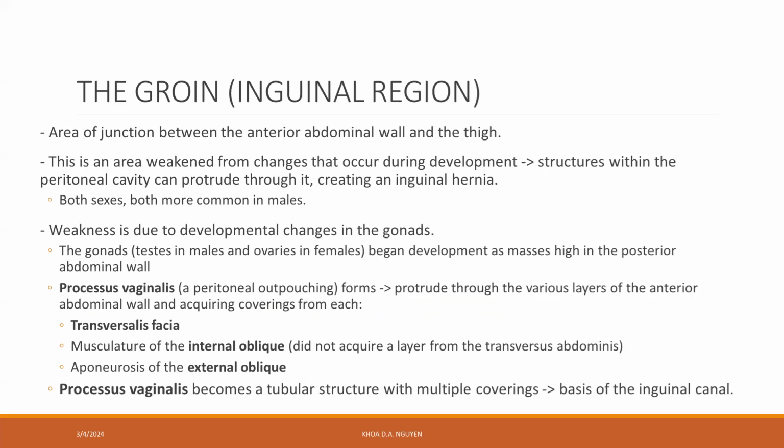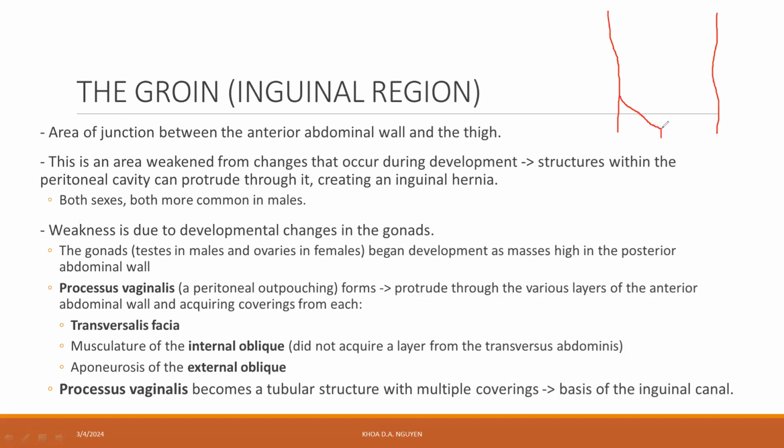All right. So let's define the groin or the inguinal region one more time. It is the area of junction or connection between the anterior abdominal wall and the thigh. Now, if you look at the anterior abdominal wall like this, there is going to be a point right here where you would have the inguinal ligament.